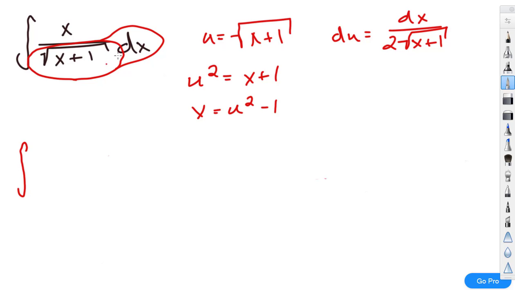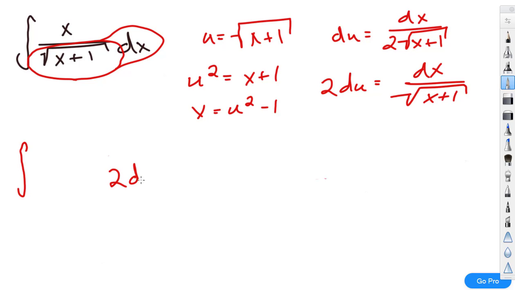I don't have a 2 over here, but I can just multiply both sides by 2, so I'll have 2 du equals dx over the square root of x plus 1. So I can replace this entire thing right here with 2 times du. And here I have that x, but remember, I said I could re-express x as u squared minus 1. So that would be u squared minus 1.